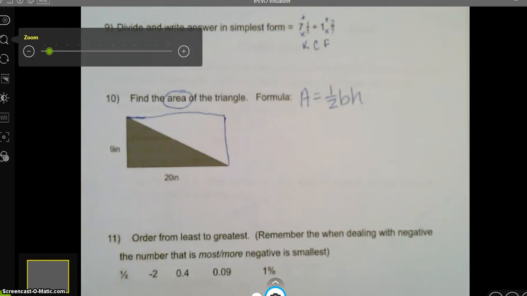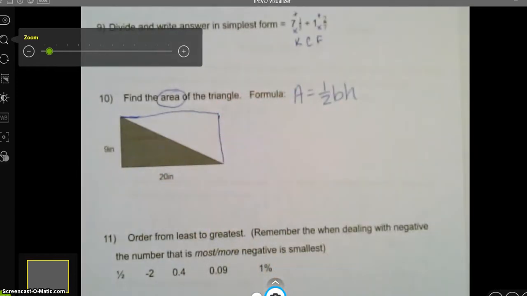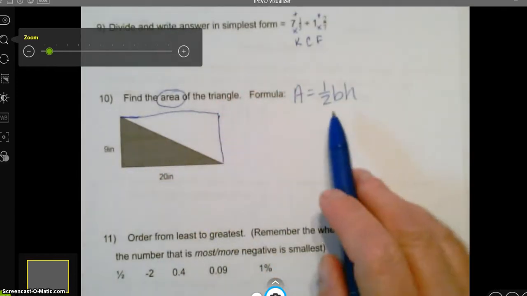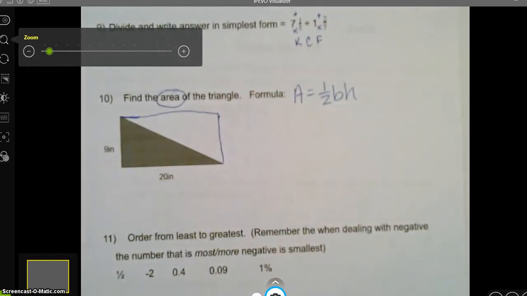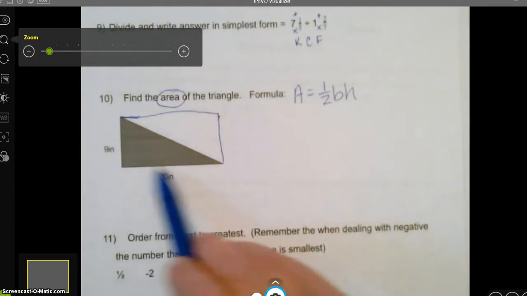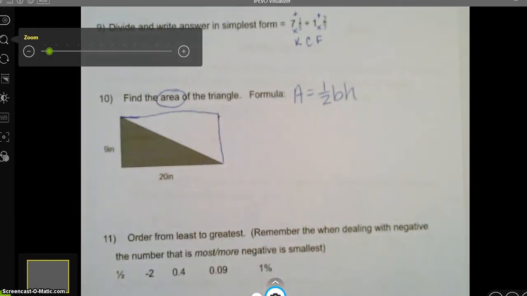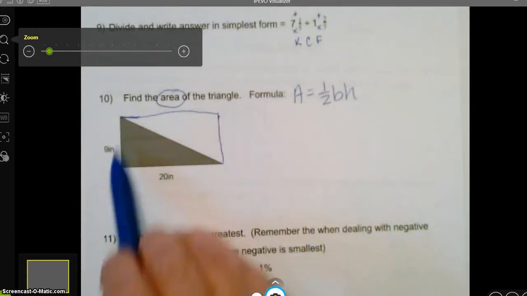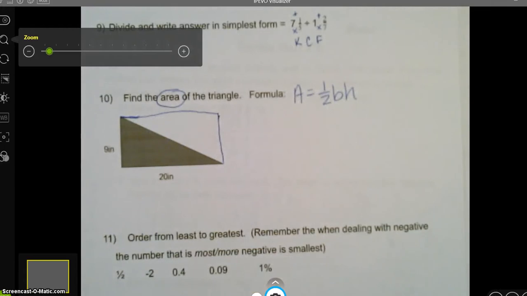For area of a rectangle, we do base times height. But you can tell half of that rectangle is shaded. That is where we're getting the half from, because this would be base and height of the rectangle, and it's also base and height of the triangle.